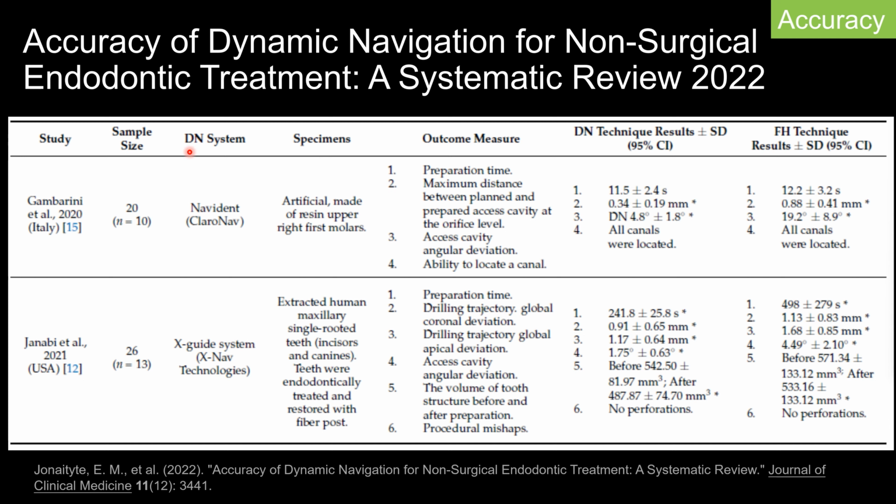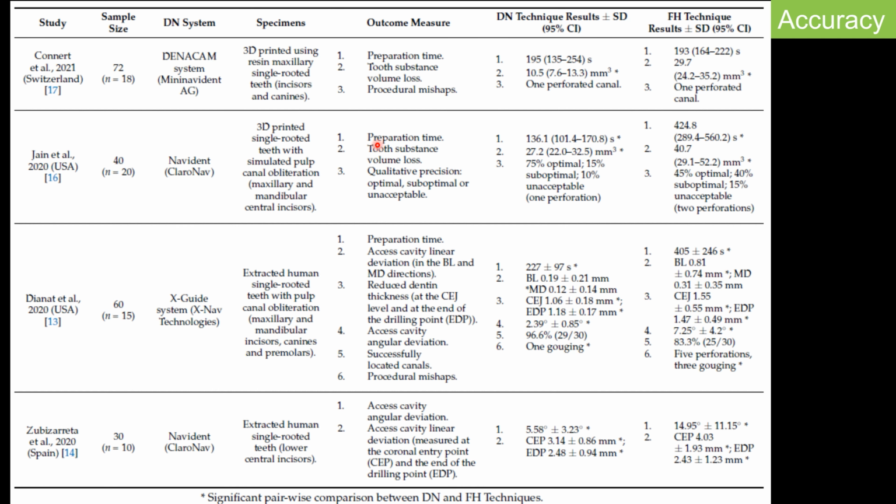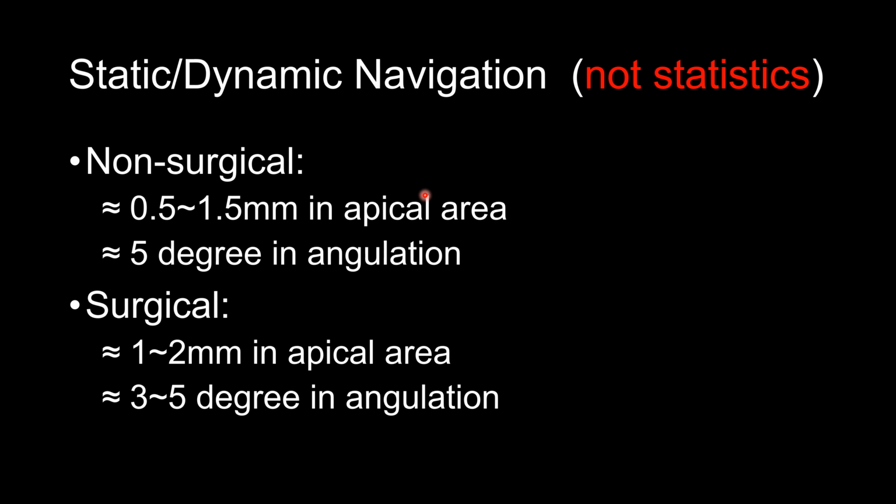And we also have a lot of systematic reviews about dynamic navigation. All of this research is a little bit different in methodology, or the research design is different, so it's hard to say how much accuracy we can reach in static and dynamic navigation.